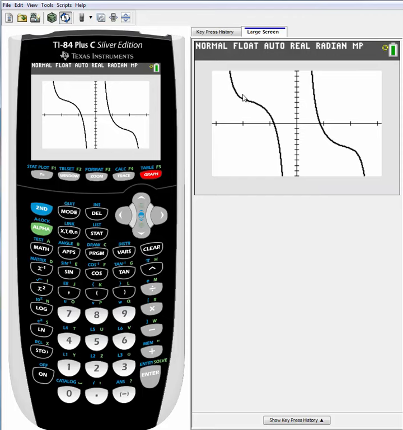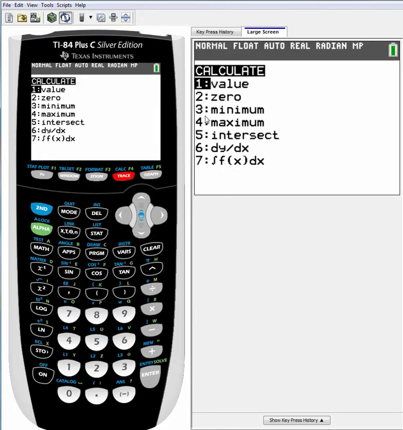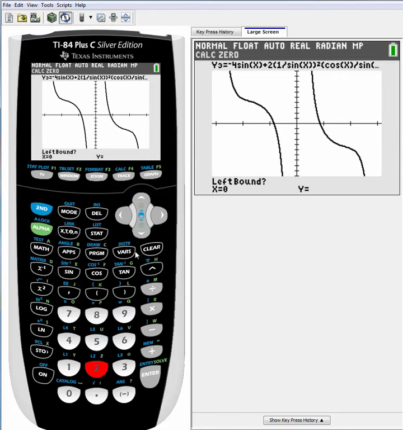To determine where the second derivative is equal to 0, we do the same thing, finding the zeros of this graph. We just see where it crosses the x-axis. So we want to do second, calculate, then find the zero, so it's the second one. We have to scroll our cursor.